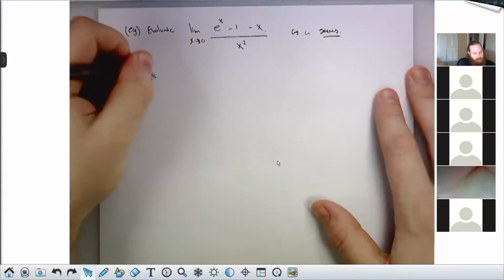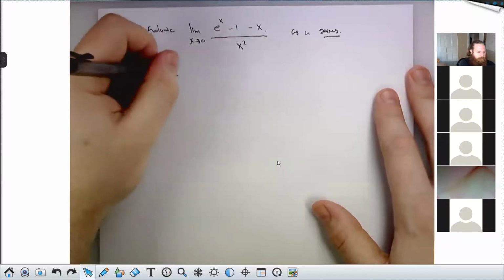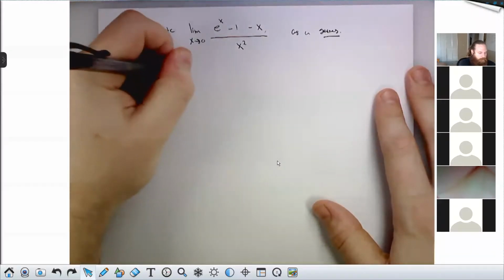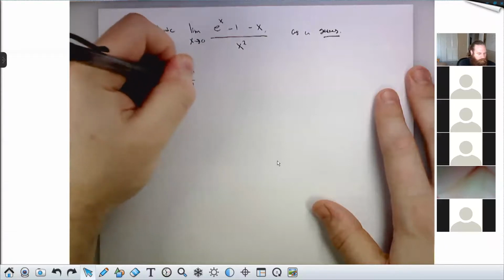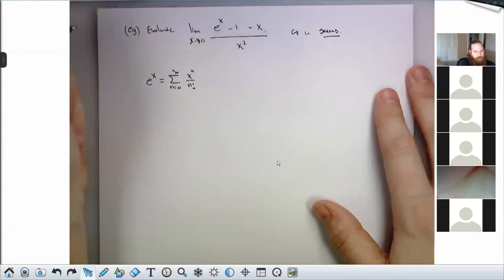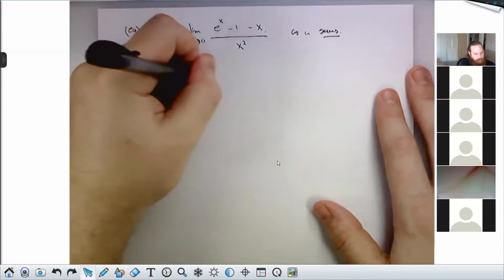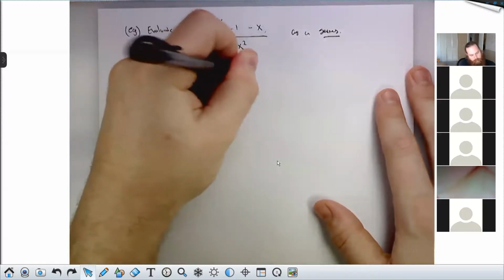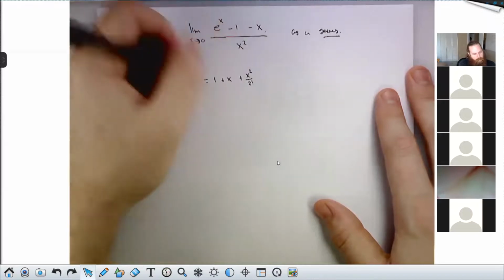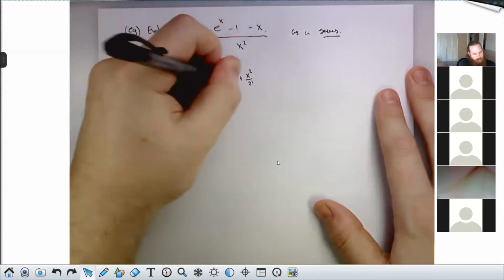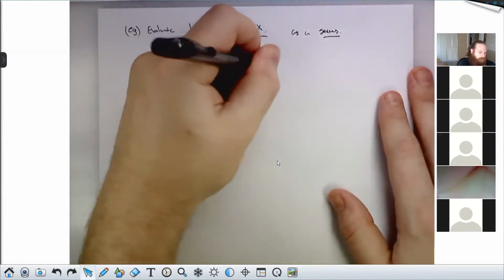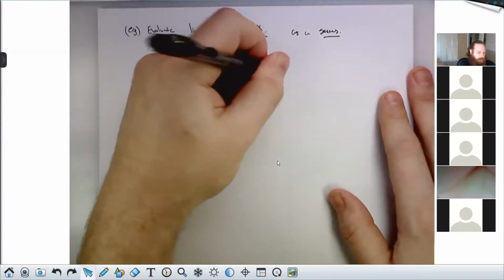So I'll begin with the series for e to the x, which is sigma n from 0 to infinity, x to the n over n factorial, which is 1 over 0 factorial plus x over 1 factorial, plus x squared over 2 factorial plus x cubed over 3 factorial, and so on.